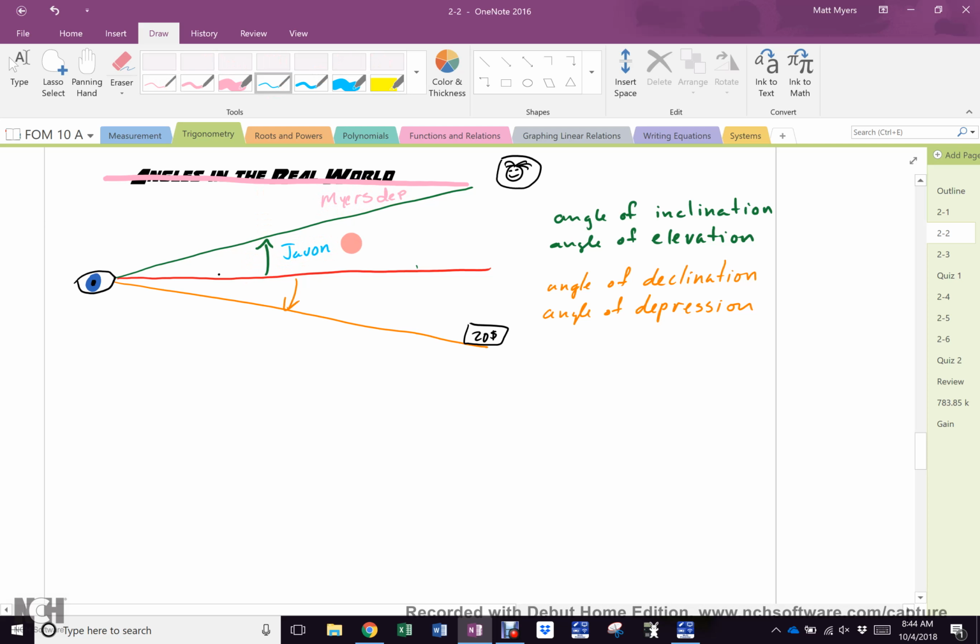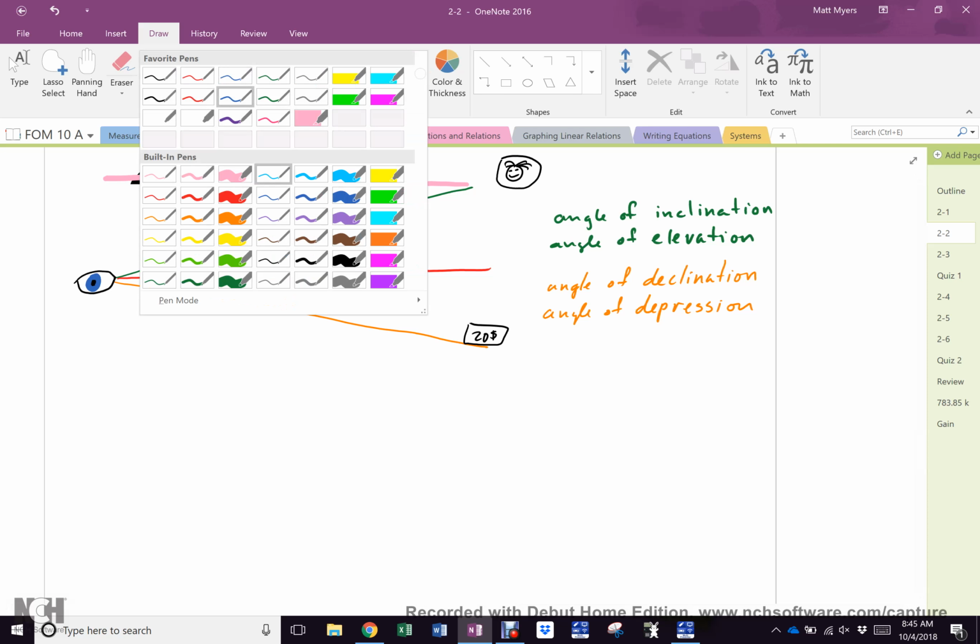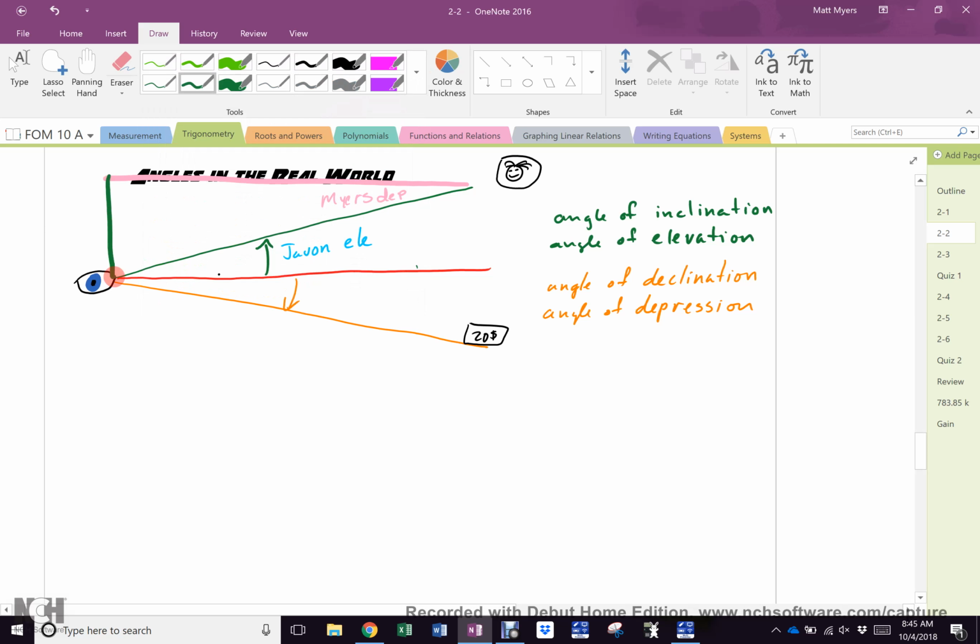Angle of elevation. What do you know about those two angles? They're the same. Right? Because as far up as his eyes go, mine go down. Because it creates this rectangle, doesn't it? Up, down. Those two are the same.